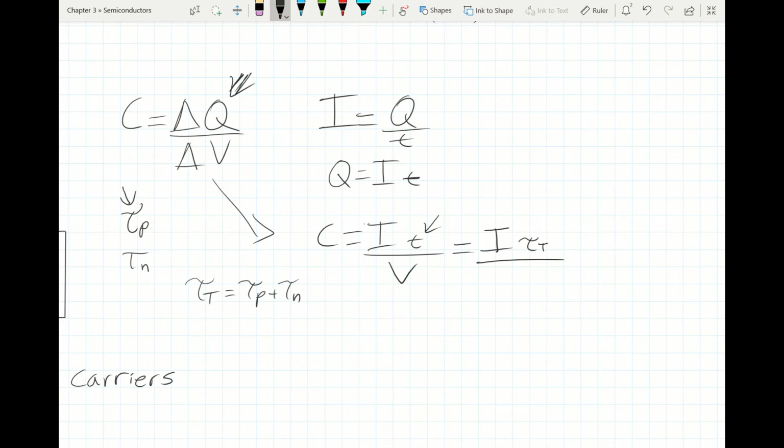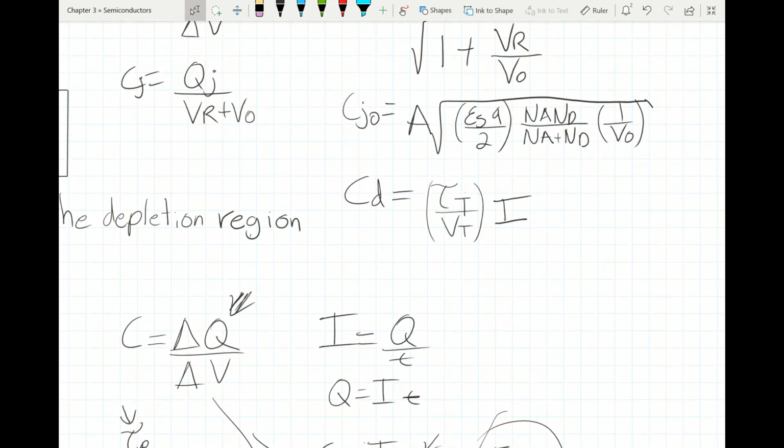If you remember, that voltage is thermal voltage. So minority carriers are due to thermal voltage. And now with this, we derive the formula for diffusion capacitance. It is the mean transient time over thermal voltage times the forward bias current.